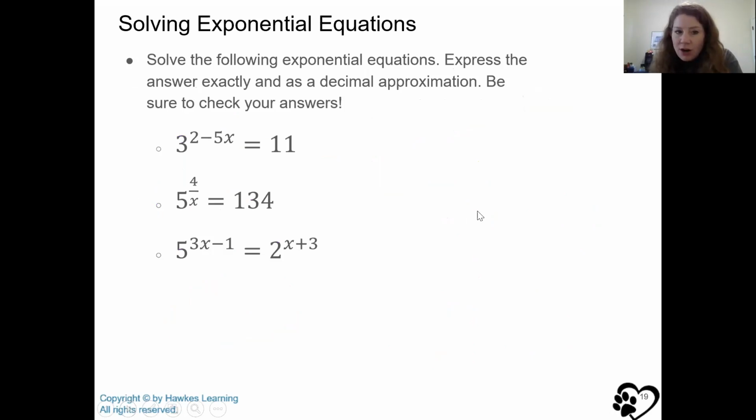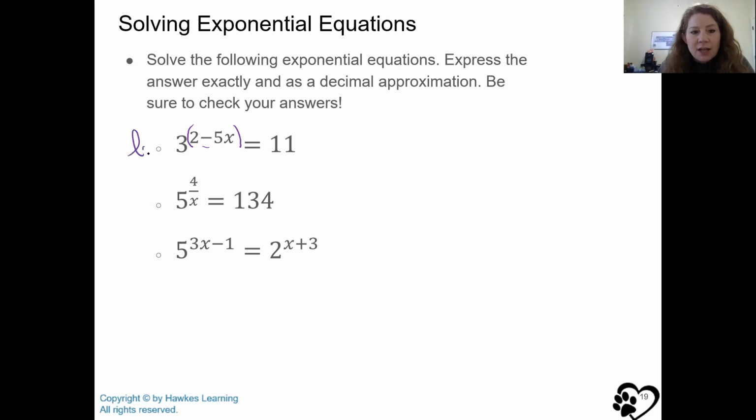All right, now these are getting a little bit more complicated, but we can do this. Let me go over something with you. We have this big exponent right here, and we want to get it out of the exponent section and bring it down to be a regular number. The way you do that is you find the log of both sides.